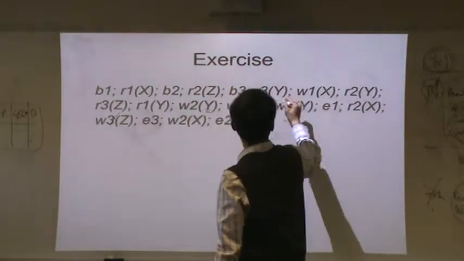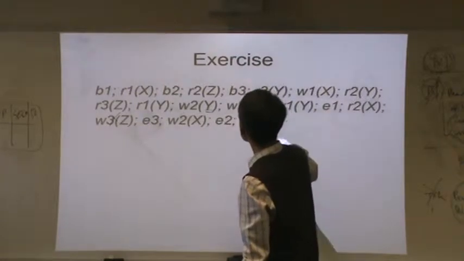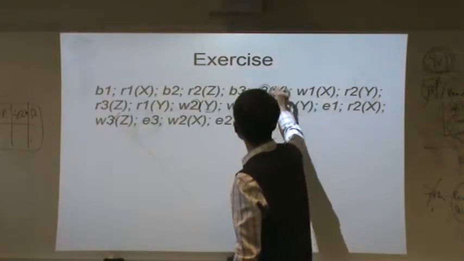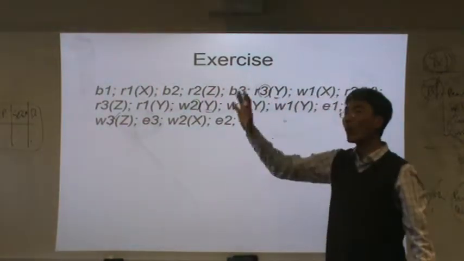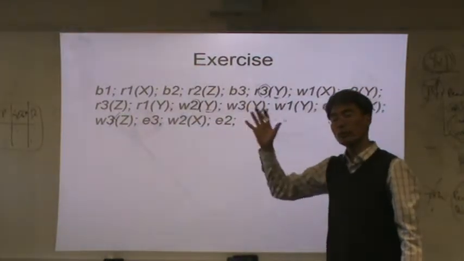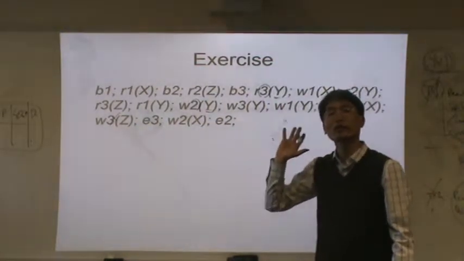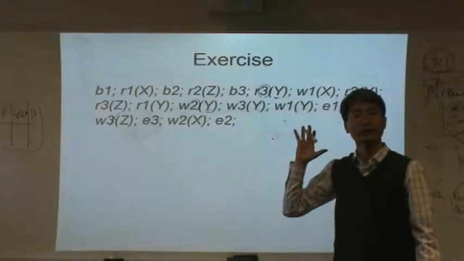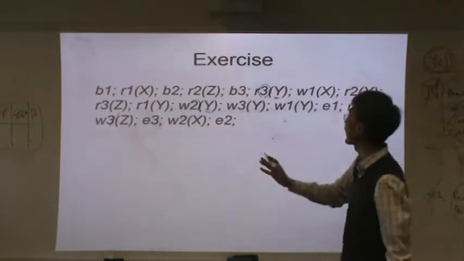That caused the conflict situation between 2 and 3, right? So the younger one will be aborted, and the older one will wait, right? So that is the wait-die algorithm.